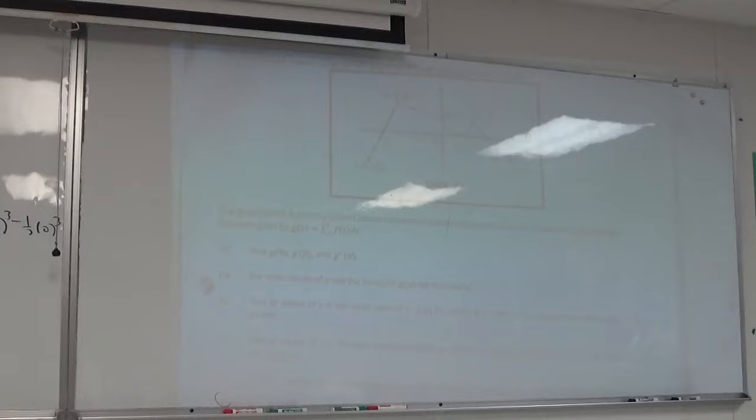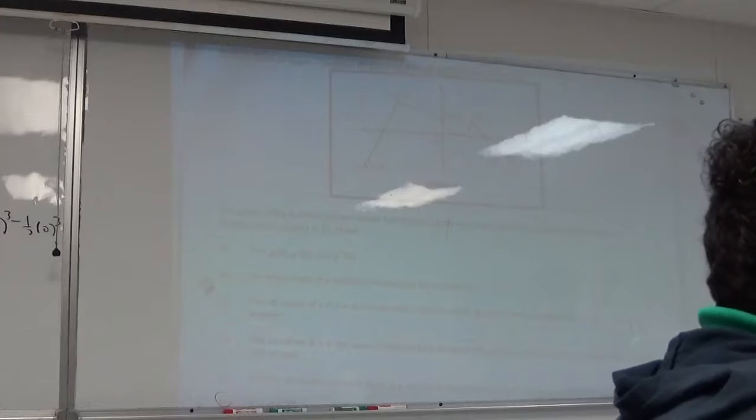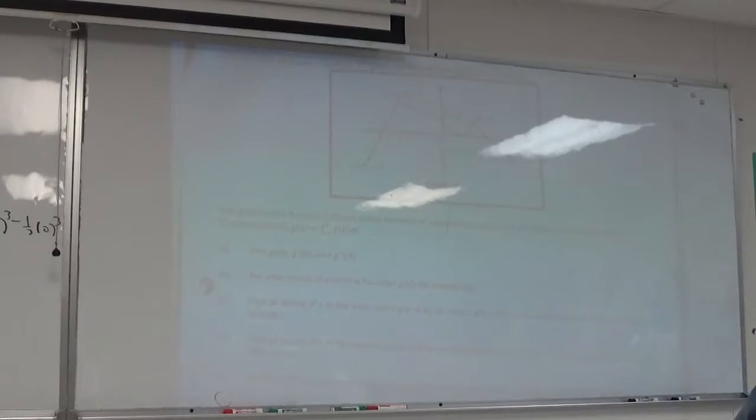F prime of 1, which is 2. 3, that's 9. Saying that G is 0 is the same as times over here. Every 2.